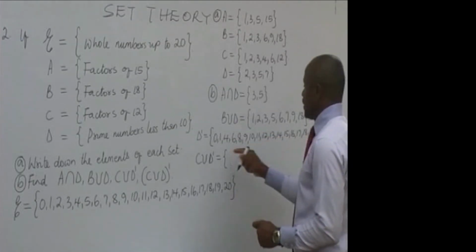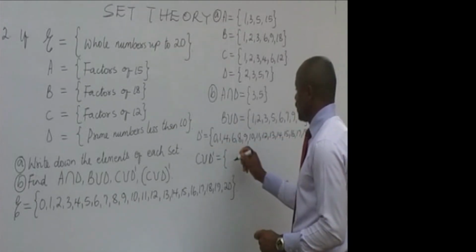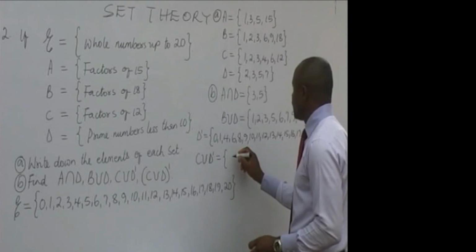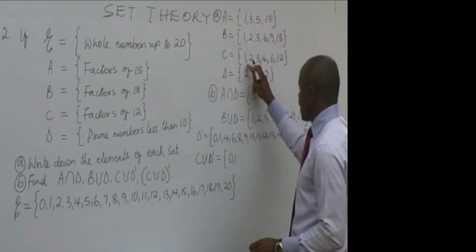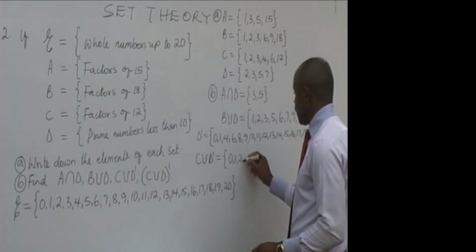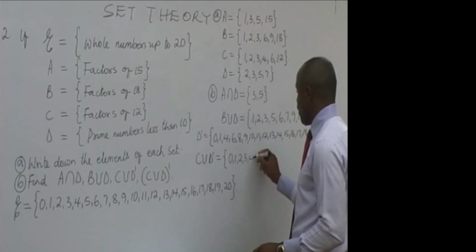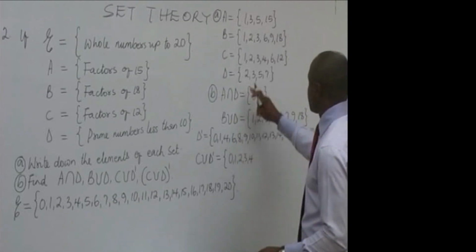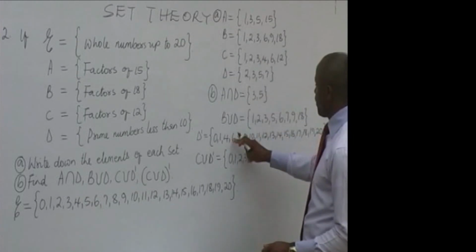So let's start. 0, 1. So we have 0, 1. That's 1 here. 2, 3, 4. That's 4 here, that's 4 here.